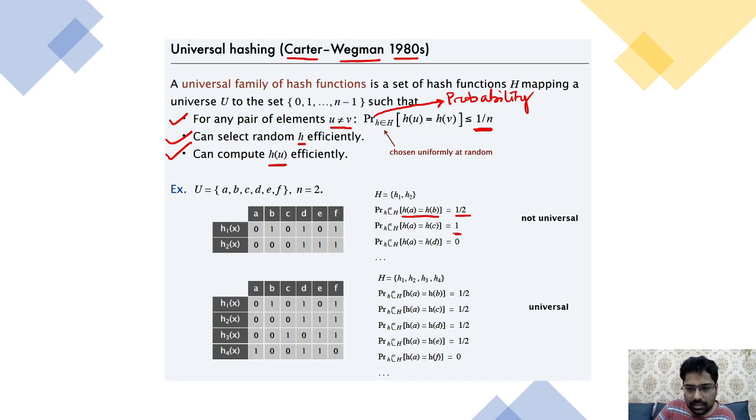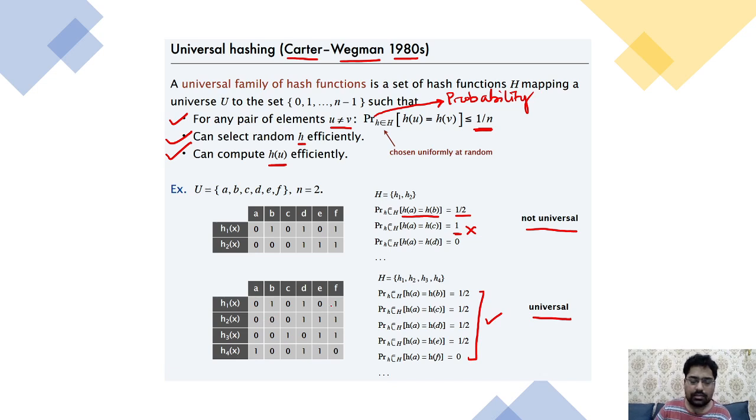But in this case it is 1, so it is not a part of universal. At least it should be equal to 1 by 2, or less than this, then we can say it's universal. So here it follows the condition, that's why it is a part of universal. In this case h of a and h of b are equal.